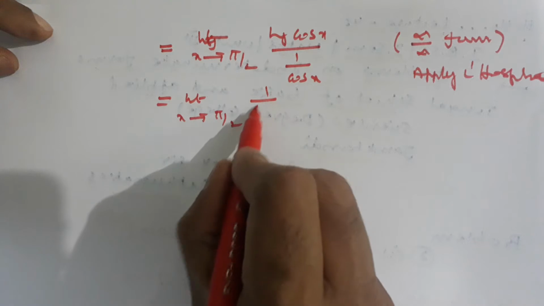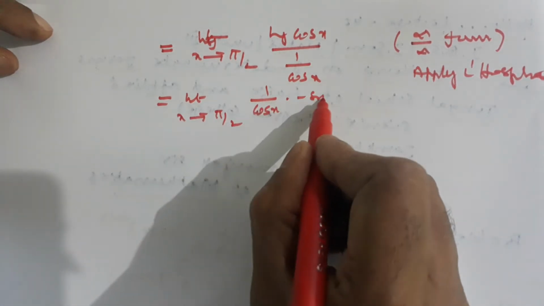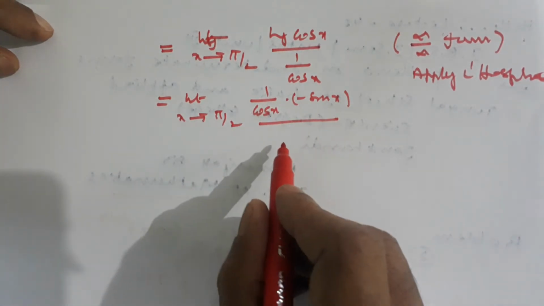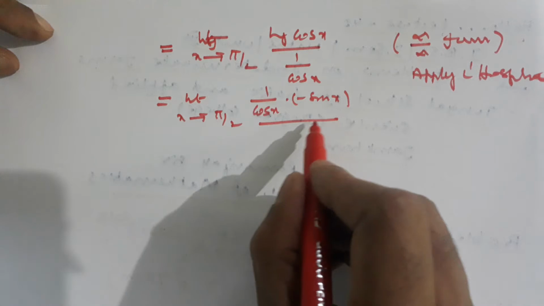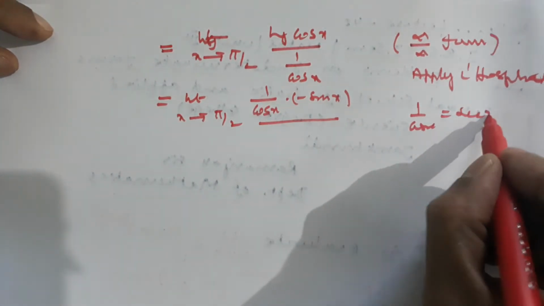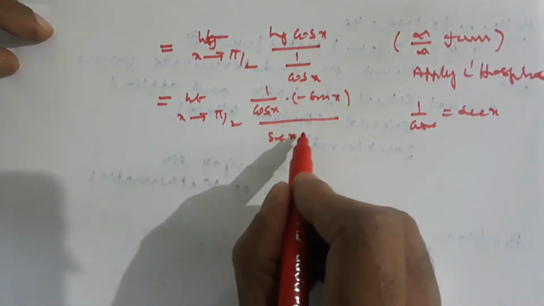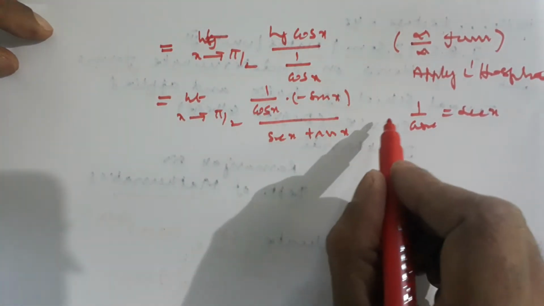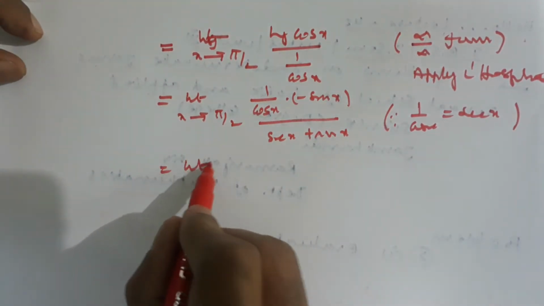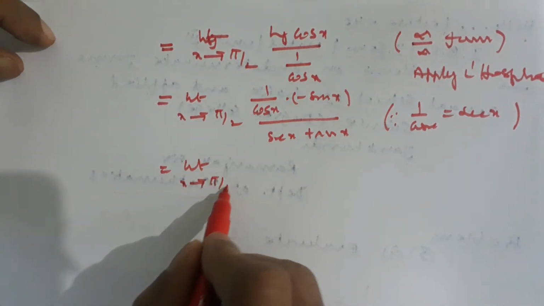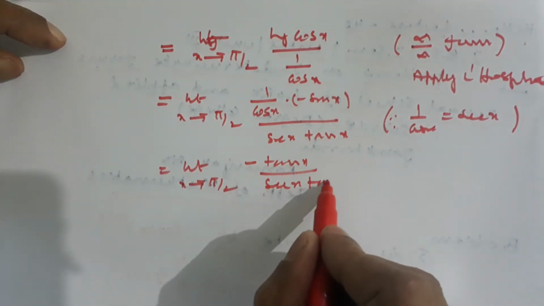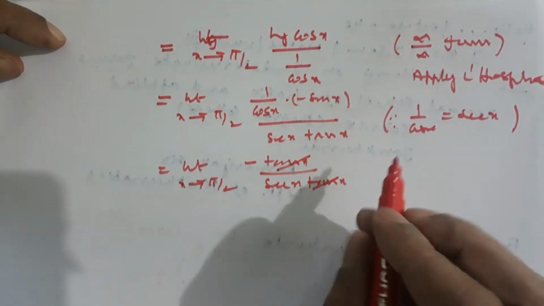So the derivative of log cos x is 1 by cos x into minus sin x, divided by, this is 1 by cos x means secant x, as 1 by cos x is secant x and its differentiation is secant x tan x, is equal to limit x tends to pi by 2 minus tan x divided by secant x into tan x. So tan x will be cancelled.